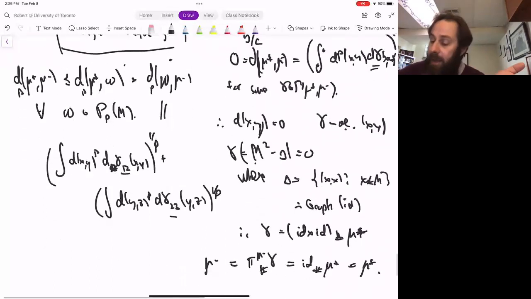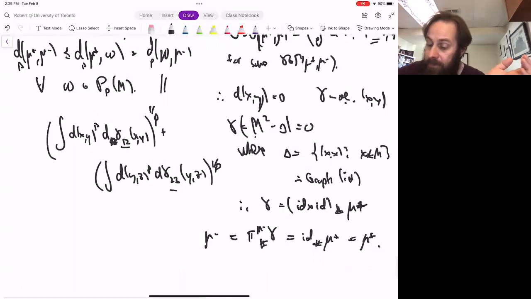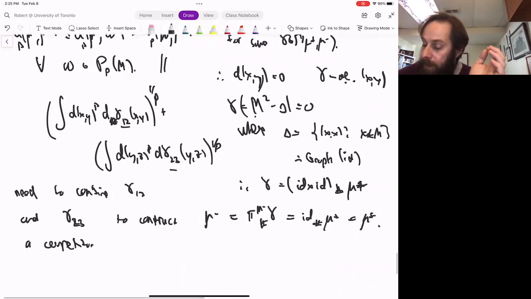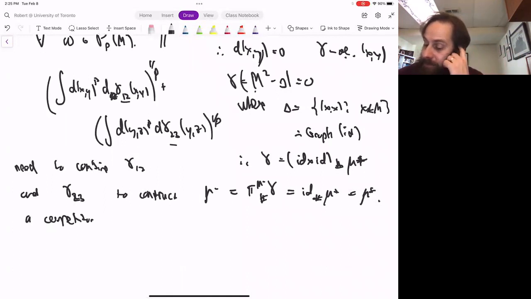And so I would like to combine gamma 1 2 and gamma 2 3 to construct a competitor with marginals mu plus and mu minus. Maybe I'll put a tilde on it.